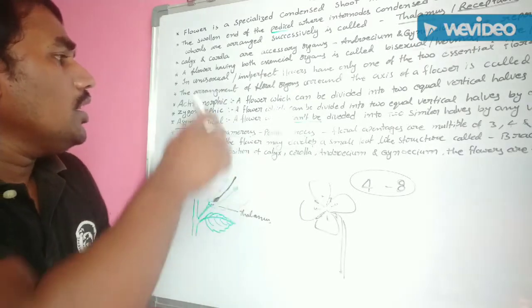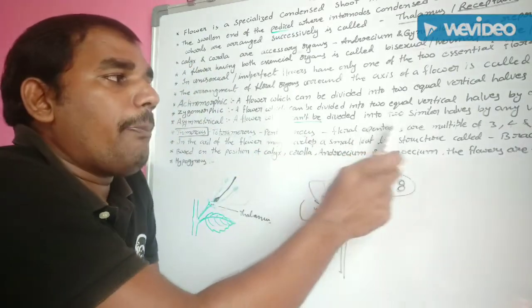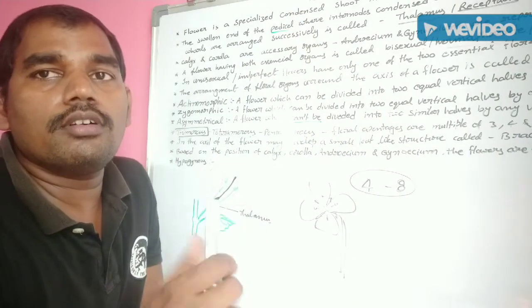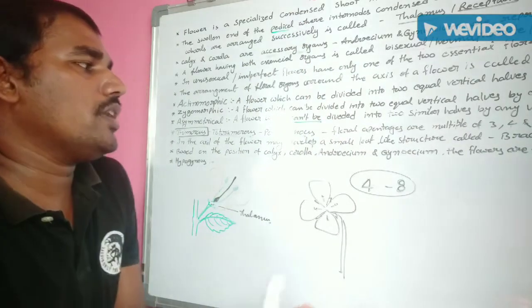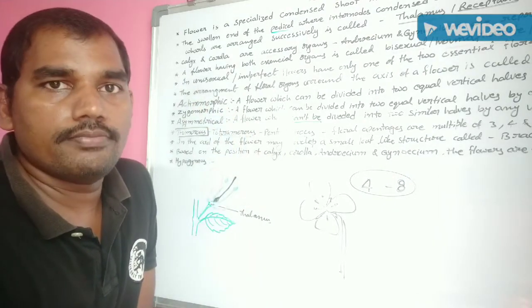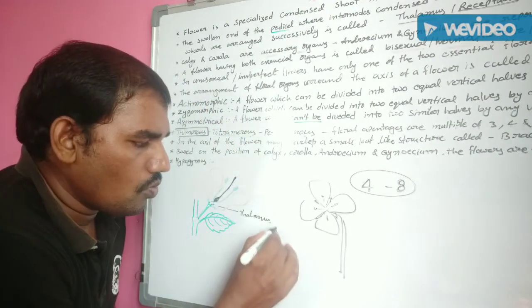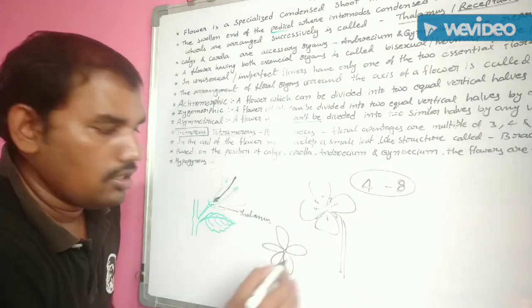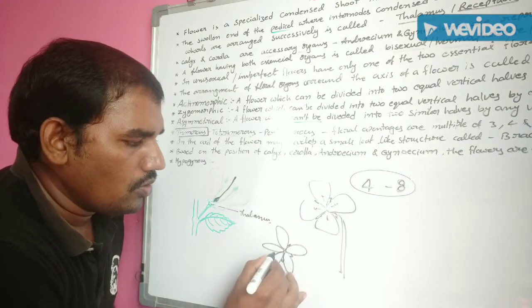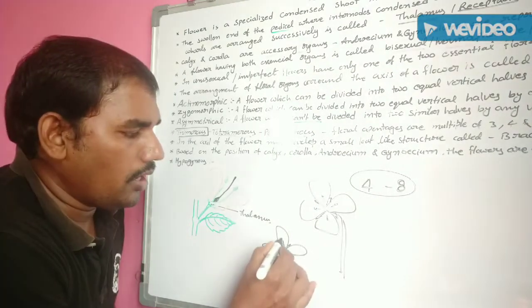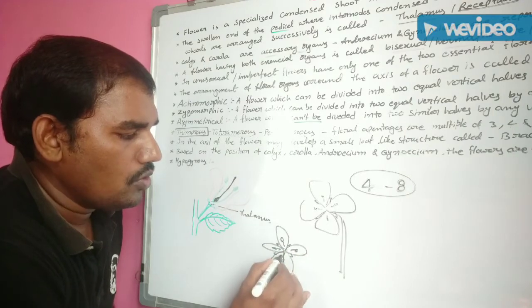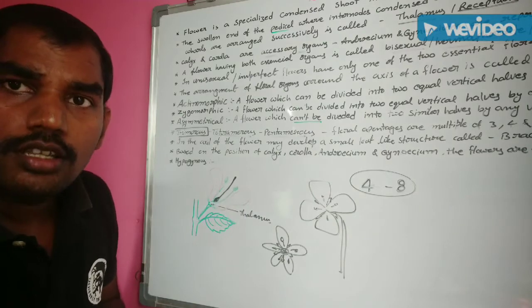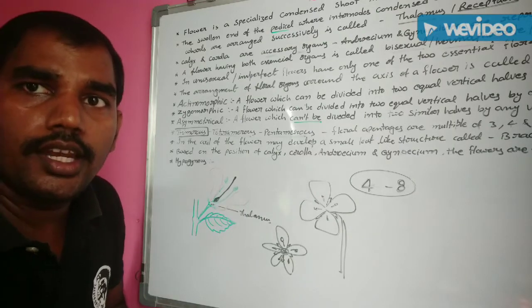In these pentamerous flowers, floral appendages are 5 or multiples of 5. Suppose 5 carpels, 5 anthers, 5 corolla, 5 calyx.